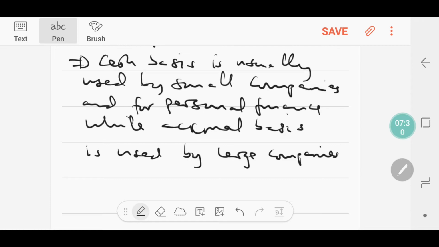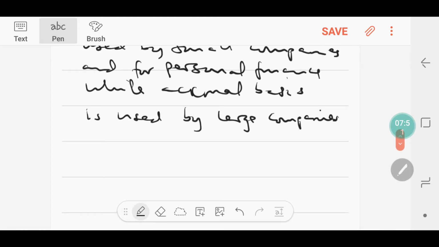In many cases, cash basis is used by small companies and for personal finance, whereas accrual basis is used by large companies, especially publicly traded companies. So these are some of the differences between accrual basis and the cash basis.